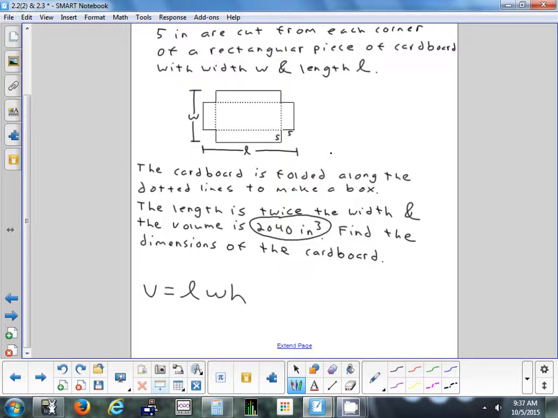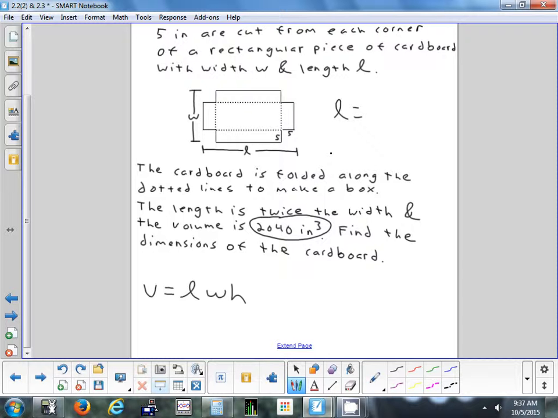Next thing, it says here the length is twice the width. So the length is twice the width. Okay, let's keep that in mind. Let's look at that diagram. What's the length of the box in that diagram? Twice the width.